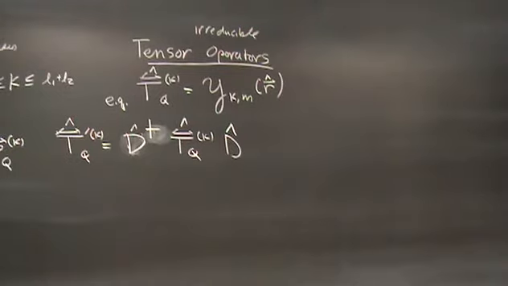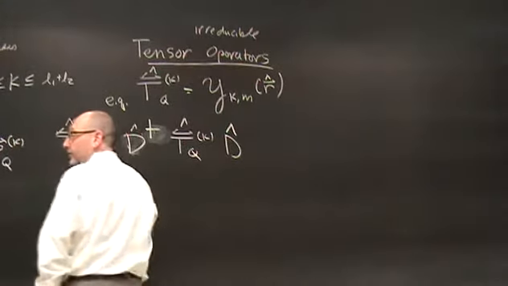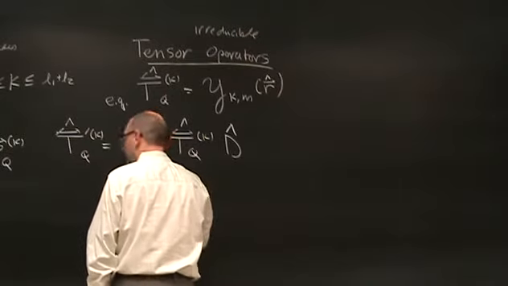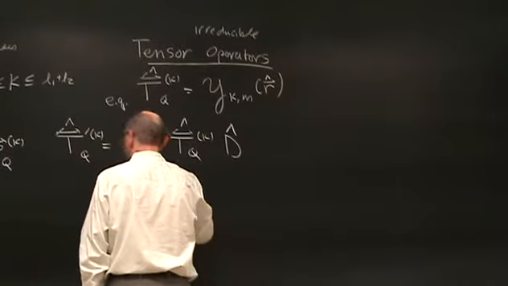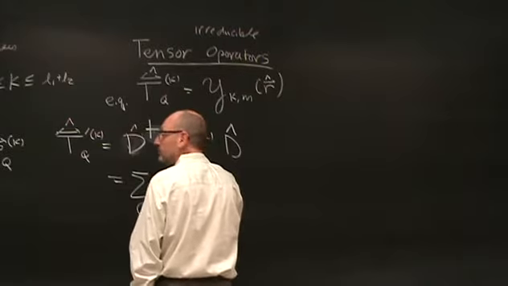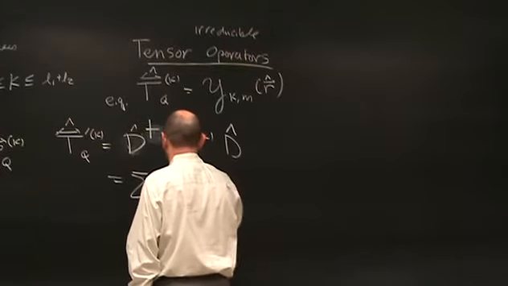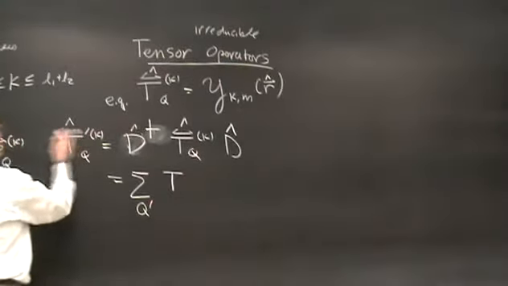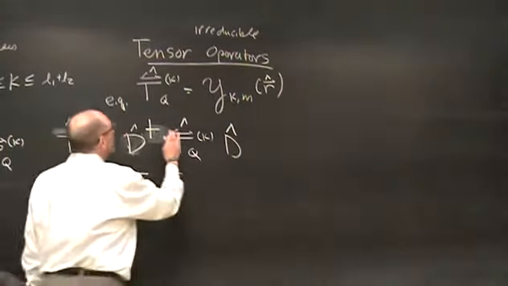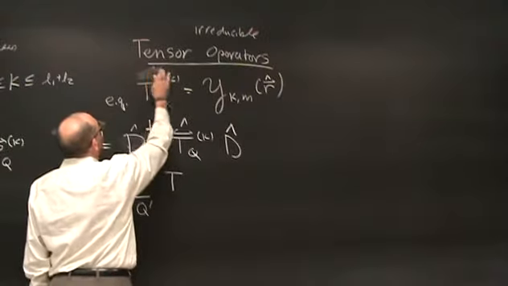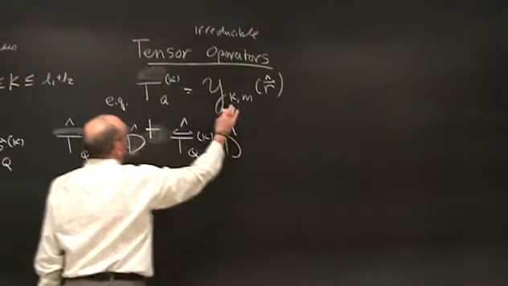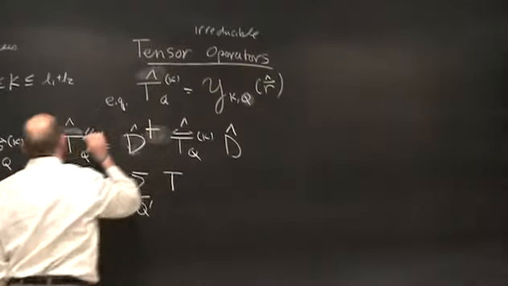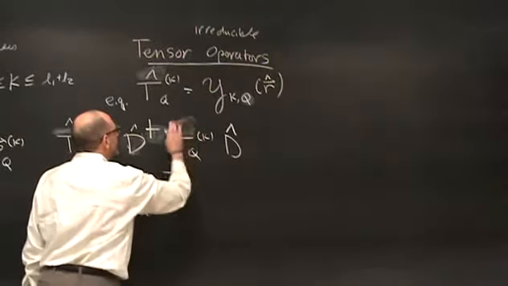According to the unitary transformation, this thing transforms just like the components of an irreducible tensor. If I leave the little arrows on top, if I'm talking about the components, excuse me, let's just forget it.